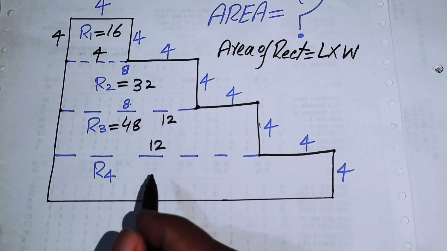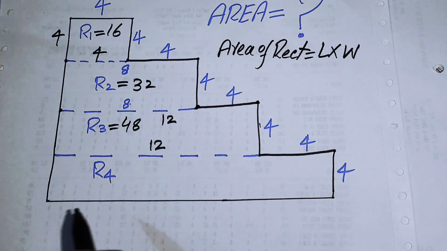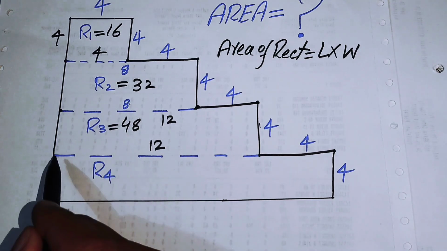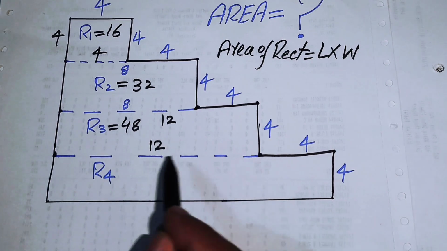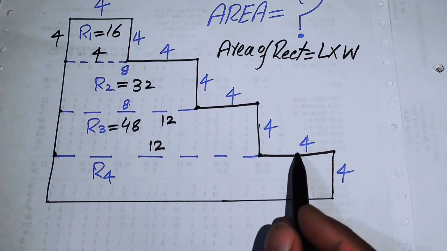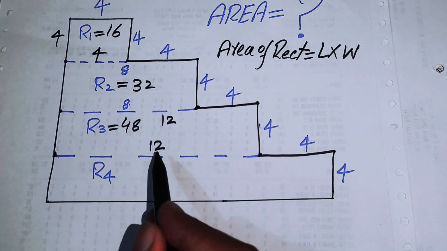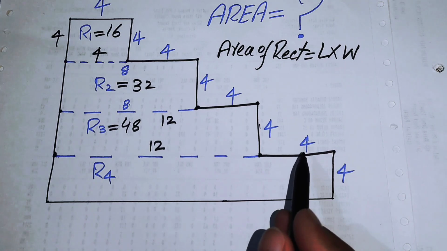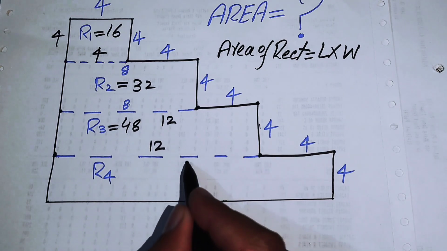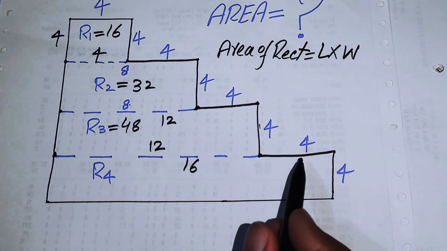And similarly we move towards region R4. In R4 the length of this part is 12 and the length of this part is 4, so the total length of this side of the rectangle is 12 plus 4, which equals 16.